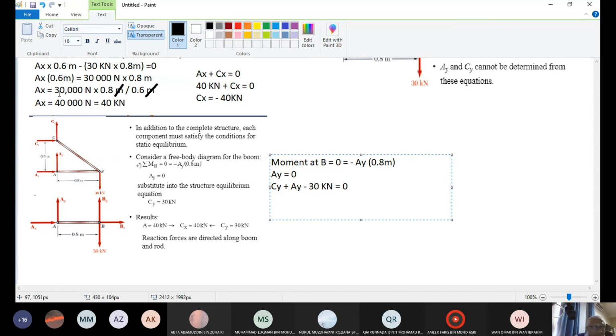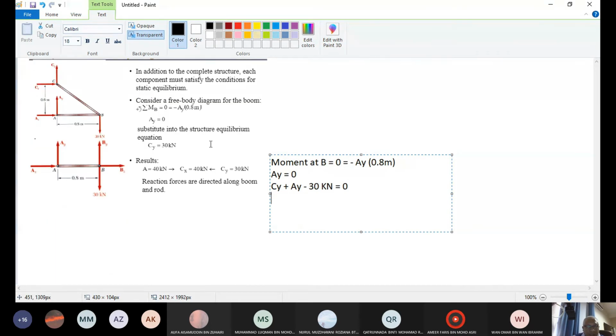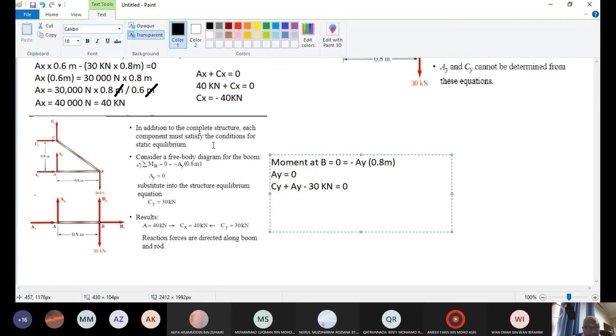Cy, Ay, but 30 is downward, so negative. Sorry, we have calculated Cy. Cy is minus 30.